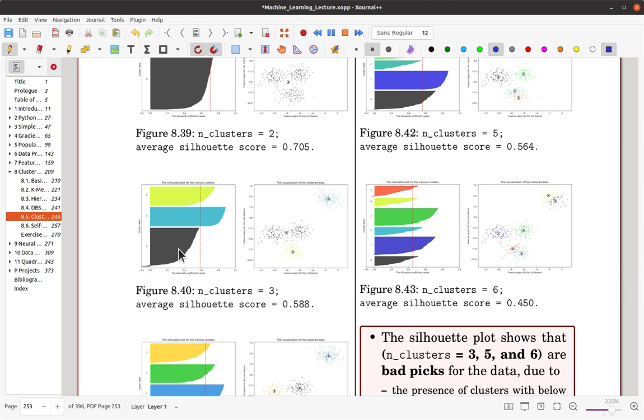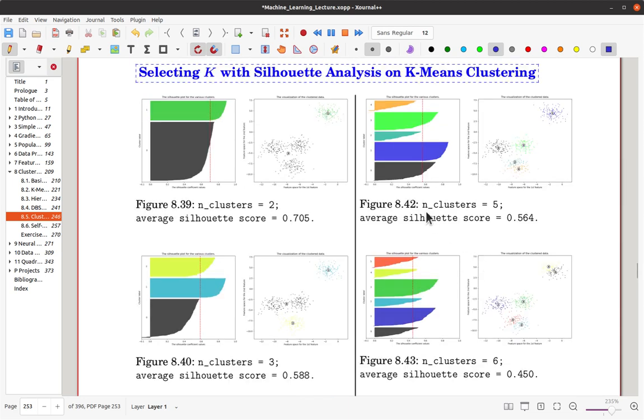Earlier we saw that the bigger, the better. These are small values, so that cluster is really bad. Once some cluster has a value smaller than the average silhouette score, that is not a good one. So this one, and also that one, are bad.